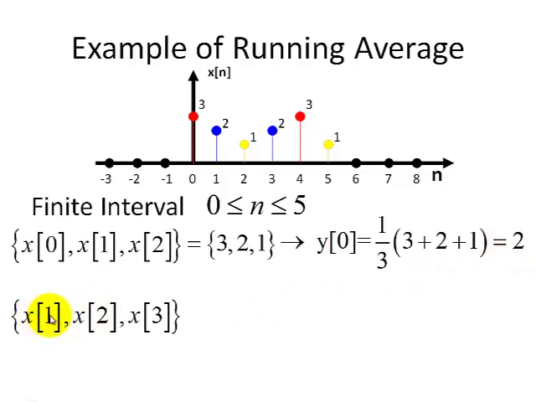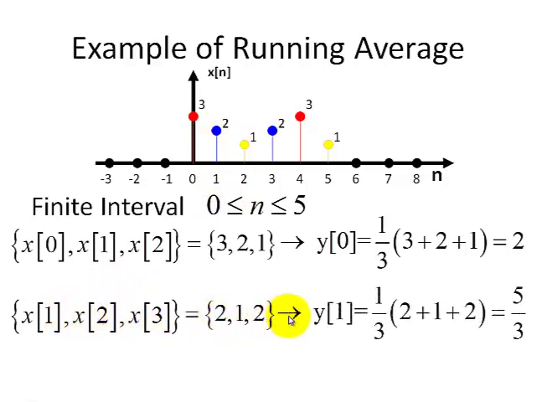Here, we'll do another example. We'll find y1. In this case, we need the values of 2, 1, and 2 corresponding to this set. So, performing our averaging, 2 plus 1 plus 2 is 5, so we have a result for y1 of 5/3.